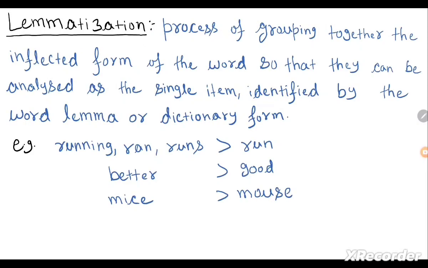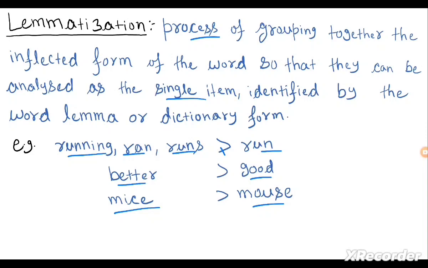Now understand lemmatization, the process of grouping together the inflected forms of a word so that they can be analyzed as a single item, identified by the word's lemma or dictionary form. For example, running, ran, runs, run; better, good; mice, mouse. If you read it, you will understand it. It's straightforward.